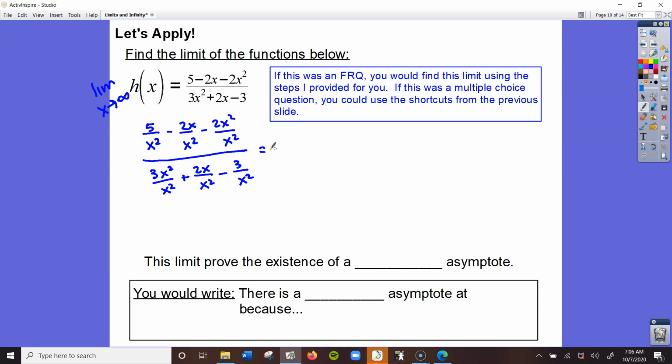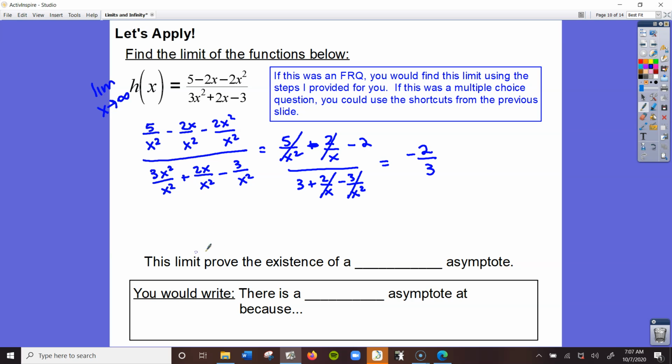When I simplify this, I would get 5 over x squared minus 2 over x minus 2 over 3, all over 1 plus 2 over x minus 3 over x squared. Anything that has x in the denominator would just be 0 if I plug in infinity. So what I'm left with here is negative 2 over 3. And this would be my horizontal asymptote.